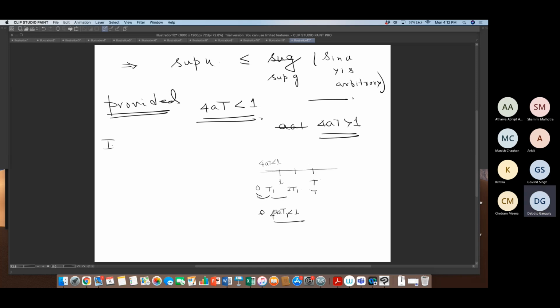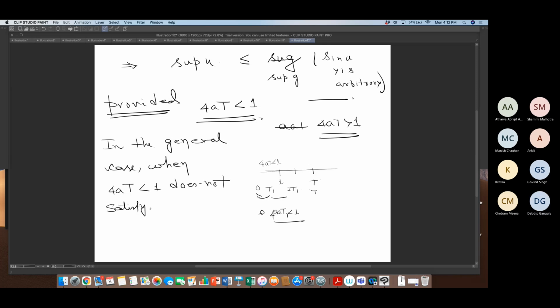So in the general case, when 4a T is less than 1 does not hold, we apply the above result on the time interval, and so on.